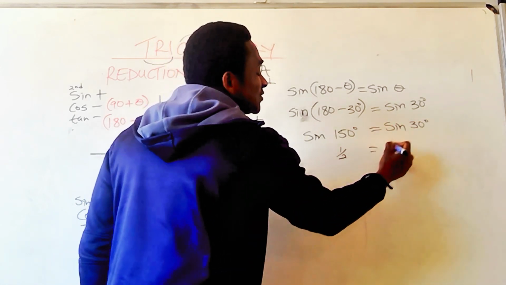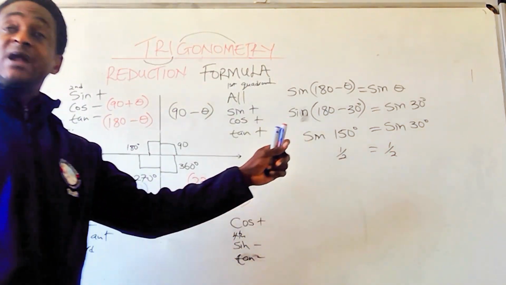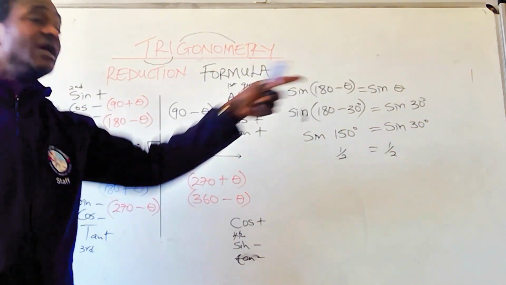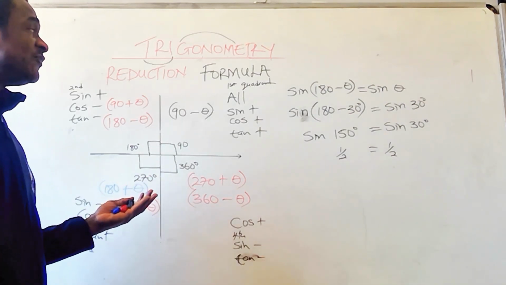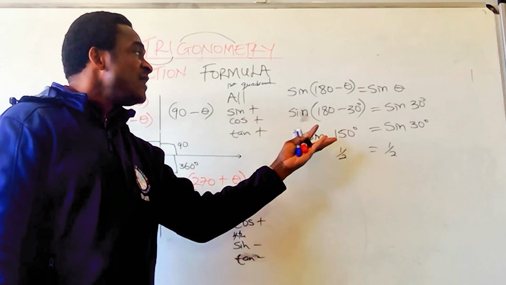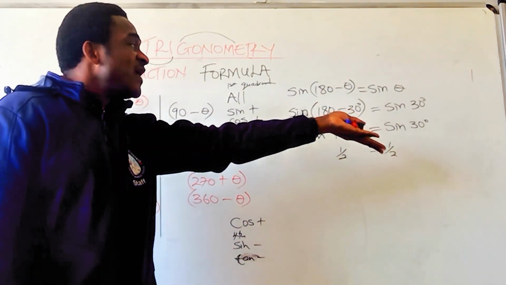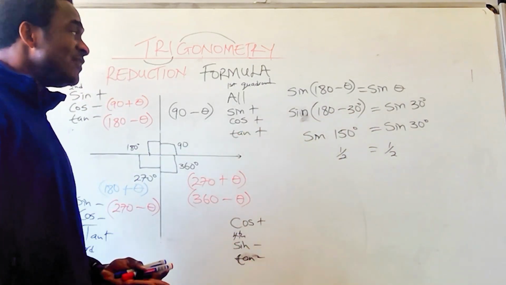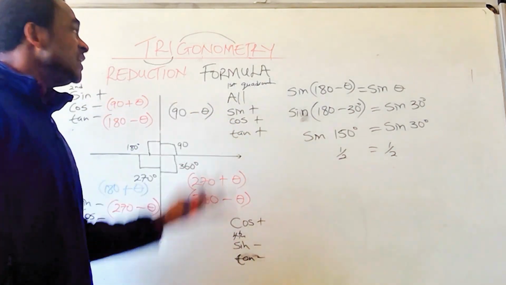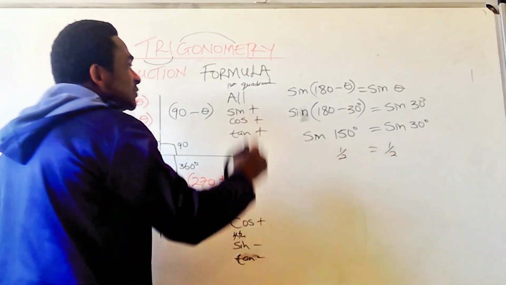If you have your calculator and check, you will see that sine of 150 degrees is equivalent to sine of 30 degrees. That is the essence of working with the reduction formula. When you have very high values, you can easily reduce them, and then get the actual equivalent from these formulas. Now, let's go on.